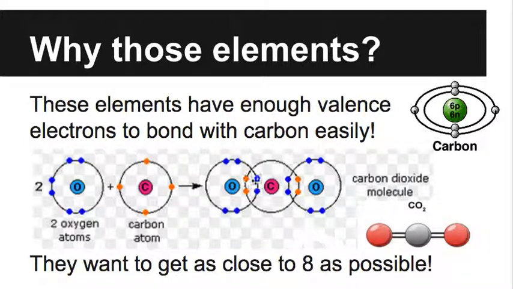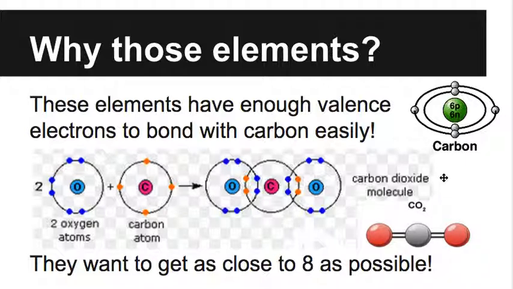Looking at oxygen, 1, 2, 3, 4, 5, 6, 7, 8. And this oxygen over here also has 8 electrons. So with 8 electrons, that makes carbon and oxygen happy, and you make the familiar molecule called CO2.